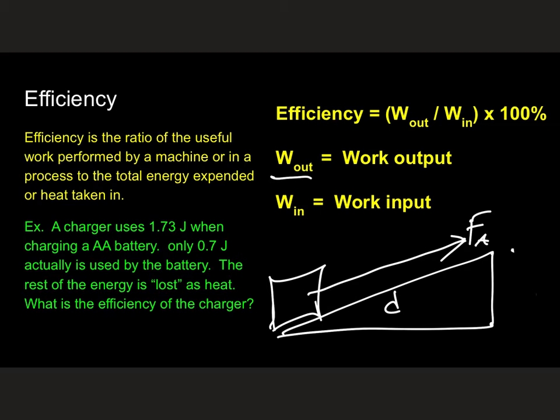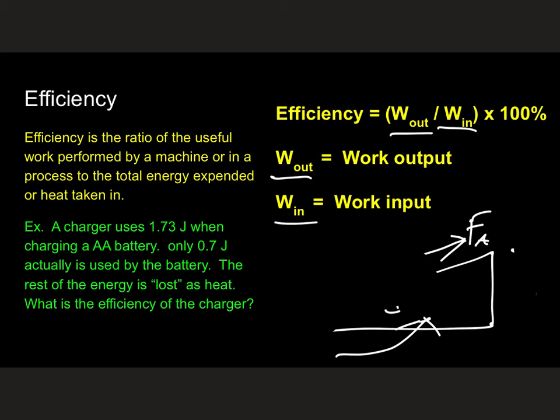That's the advantage you're getting in that machine, and that's why we use force or distance when we're talking about mechanical advantage. But now we're looking at the combined use of those to get the work in. The work in is what you're putting into this simple machine, the ramp. The work you put in is probably going to be greater than what you get out. Therefore, it's out divided by in times 100%.